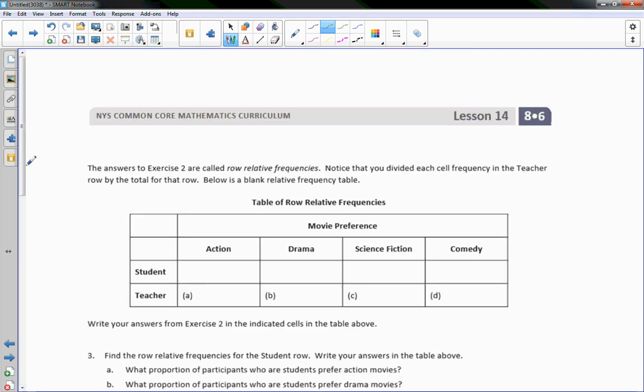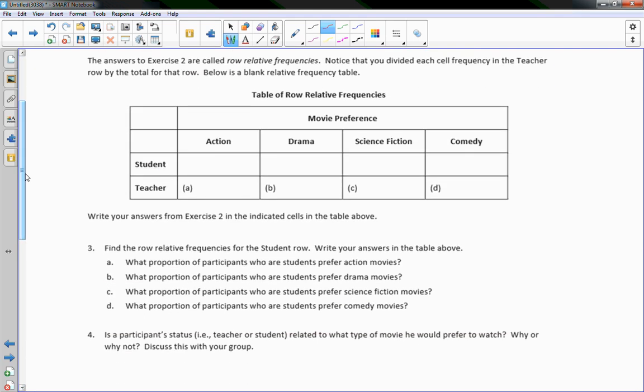Okay. All right, now we have a table, and it says the answers to exercise 2 are called row relative frequencies. Notice that you divided each cell frequency in the teacher row by the total for that row. Below is the blank relative frequency table, and it says write your answers from exercise 2 in the indicated cells in the table above.